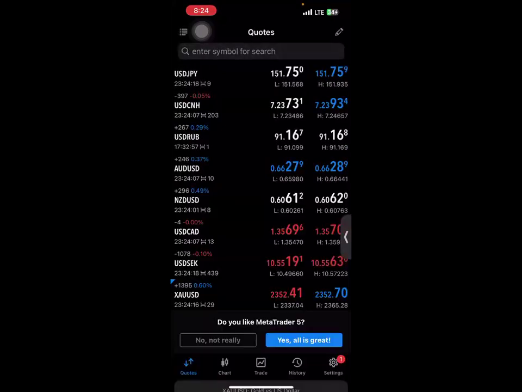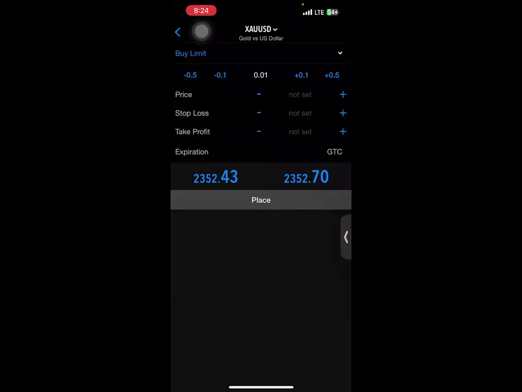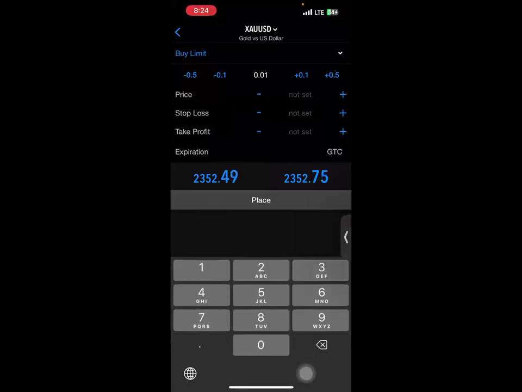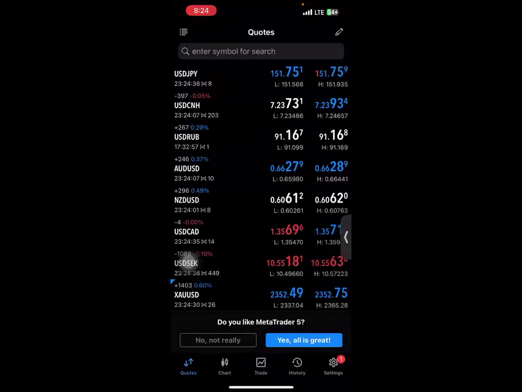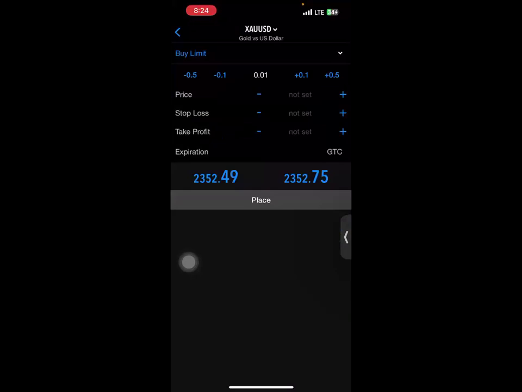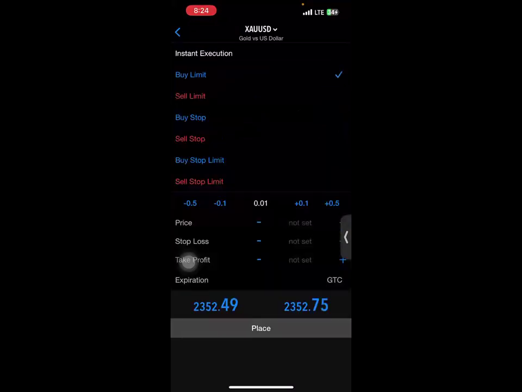But this time around, we're going to be changing our lot size to 0.02, because you can only make use of this if you have a 0.02. Not buy limit, instant execution. You can also do it later on for buy limit as well, but it needs to be in a running trade idea in order for us to be able to use it.